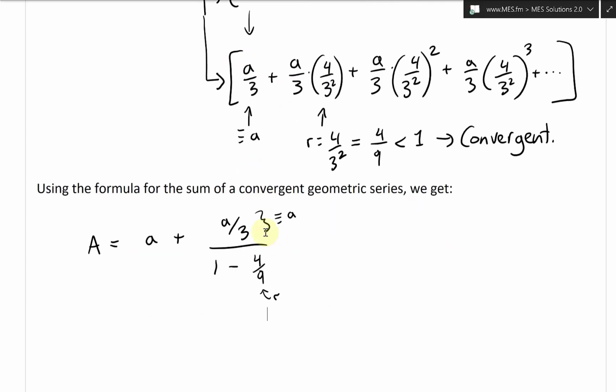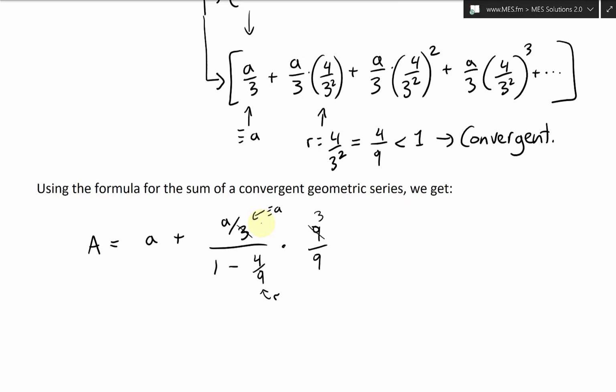So what we'll do here is multiply the top and bottom by 9, so we can do some cancellations. This will cancel and just equal a 3, because 9 is just 3 times 3.